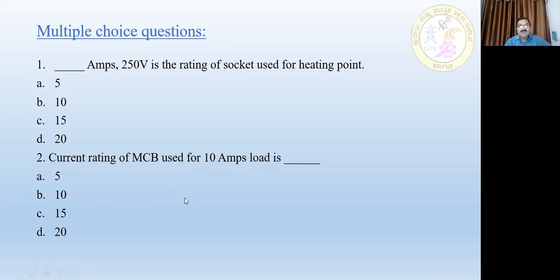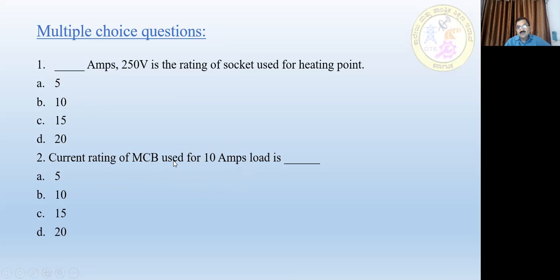Now we have given the values, say factor of safety values for calculating load current for the switches, MCB, fuse cutouts, like that. Now the factor of safety for MCB is 1.5. Now we have to multiply 10 ampere by 1.5, we get 15 ampere.